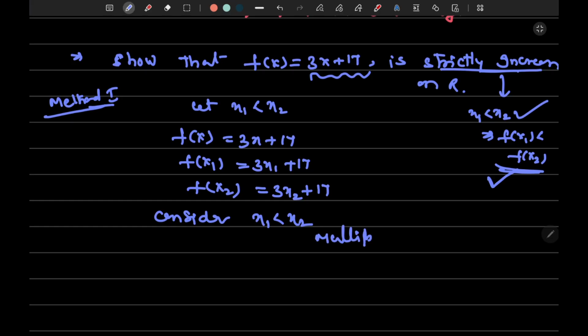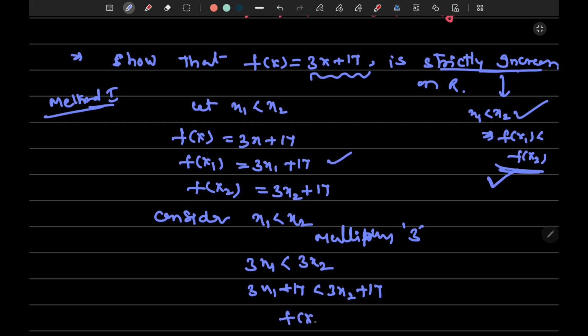Then 3x1 is less than 3x2. Add 17: 3x1 plus 17 is less than 3x2 plus 17. 3x1 plus 17 is nothing but f of x1, less than f of x2.